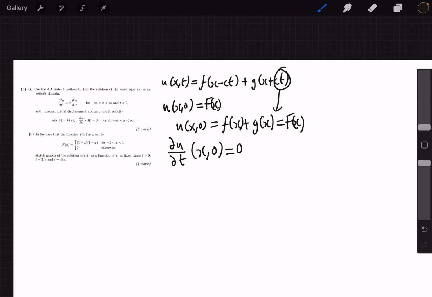Okay, so that gives us the opportunity to integrate the equation, D'Alembert's equation, which gives us this right here.